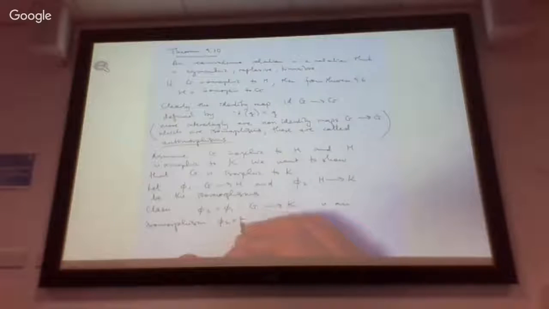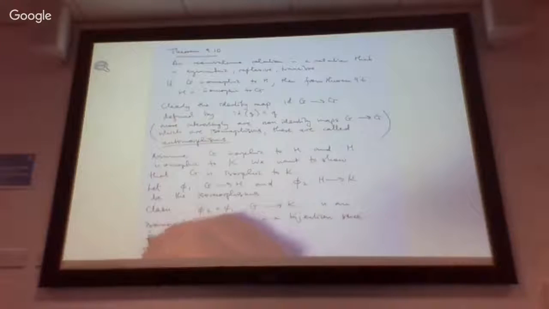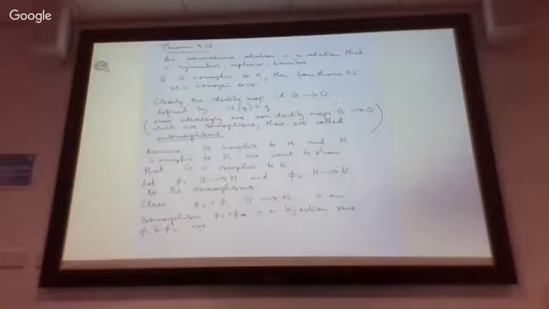Phi2 after phi1 is a bijection, since phi1 and phi2 are. That's not a group theory property, that's just a property of one-to-one and onto maps. When you compose two together, the result is one-to-one and onto.